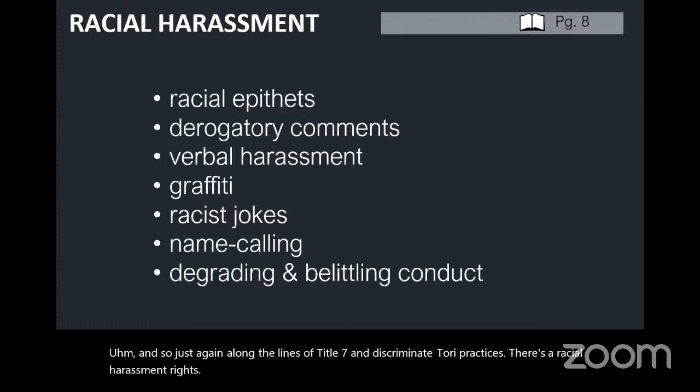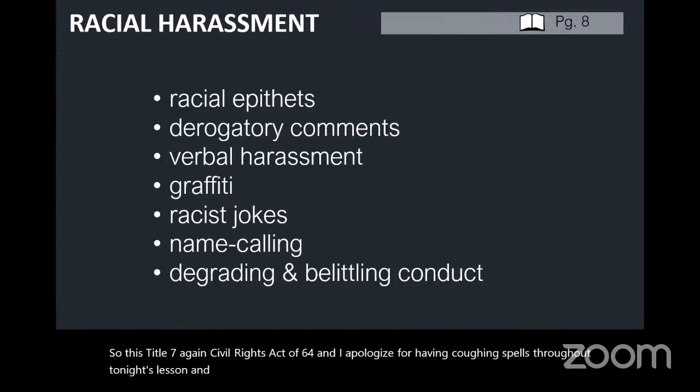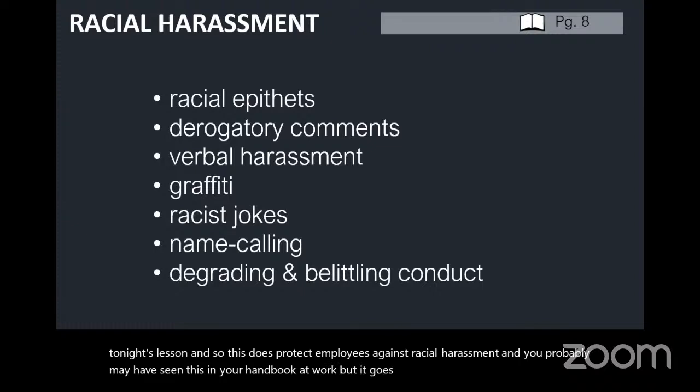So the Title VII, again, Civil Rights Act of 1964, and I apologize for having coughing spells throughout tonight's lesson. So this does protect employees against racial harassment. And you probably may have seen this in your handbook at work, but it goes against racial epithets, derogatory comments, verbal harassment, graffiti, racist jokes.